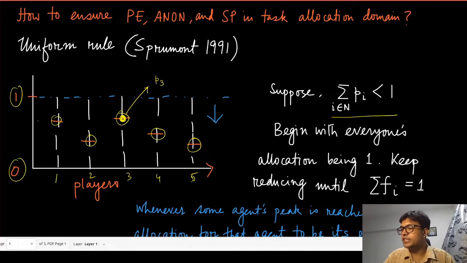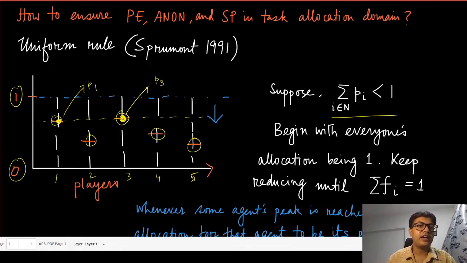For the rest of the agents it keeps on falling again. So maybe the next agent to hit is P1, and then that gets P1 amount of allocation. And in each of these stages, as it is uniformly coming down, you are keeping a running count of how much of the total task has been allocated, so that whenever the sum of these shares for all the agents equals 1, you stop at that point, right?